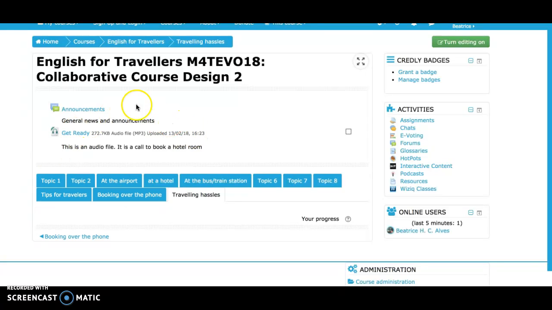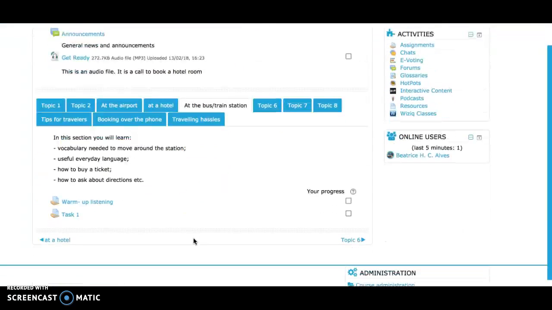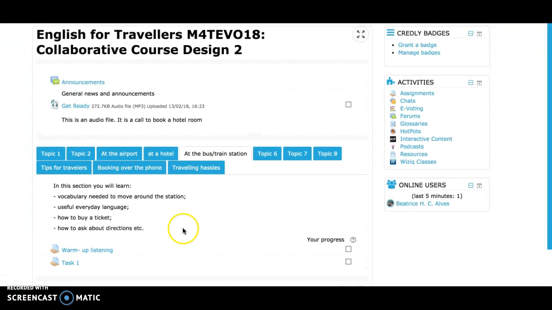So as you can see, we have a little discussion here in the announcements, and here we have some topics that have already been a little worked on. The airport, the hotel, the bus station, for example, Agnieszka has been working on this one. And as you can see, it's a beginning.